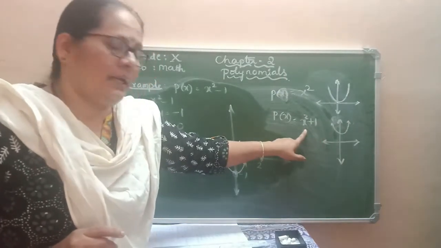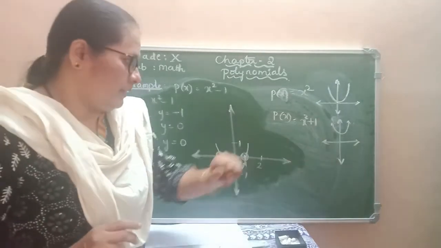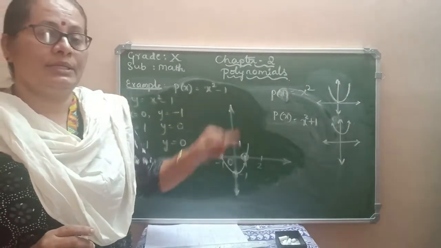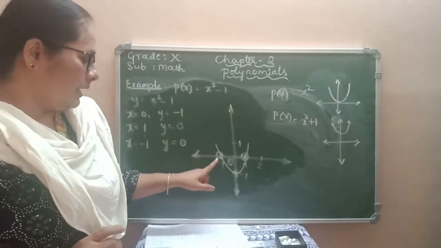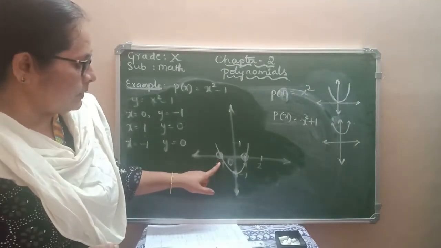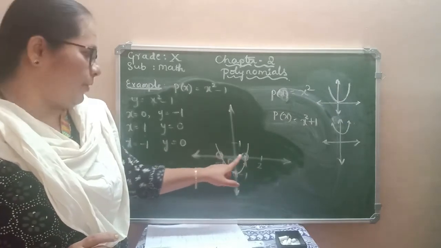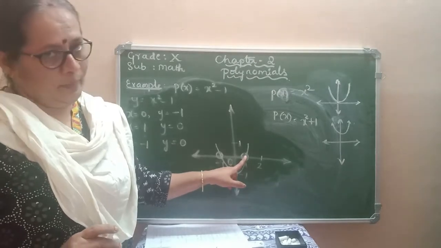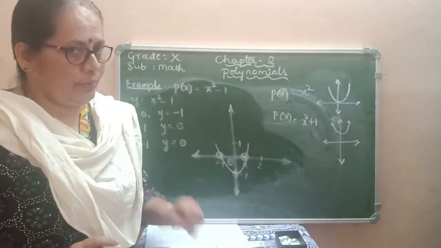This quadratic polynomial has no zeros. Then a polynomial like x square minus 1: the graph of x square minus 1 touches the x-axis at two different points, which gives the zeros of the polynomial. So we can say it has two zeros.